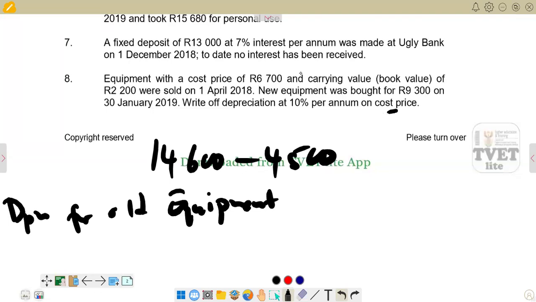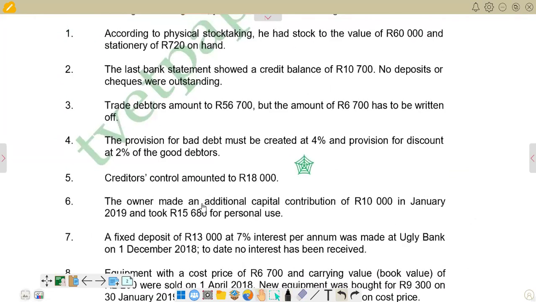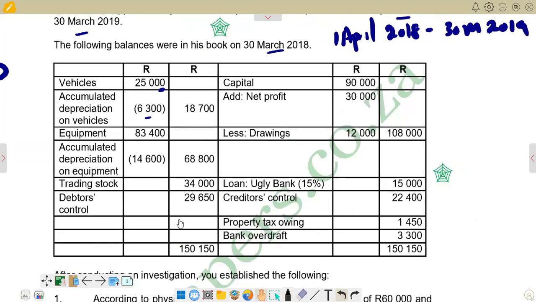That will remain with the cost of equipment that stayed for the whole year. So if you go up there, you'd see that the cost that we have at the beginning, that is the gross carrying value at the beginning, we'll just check it there. For equipment, we have 83,400.